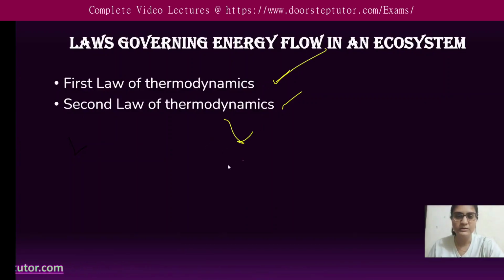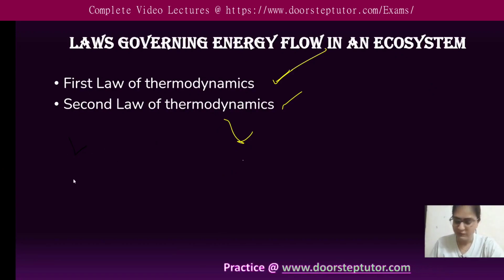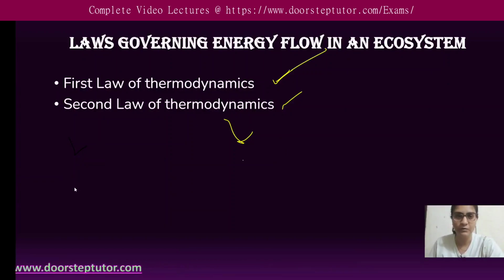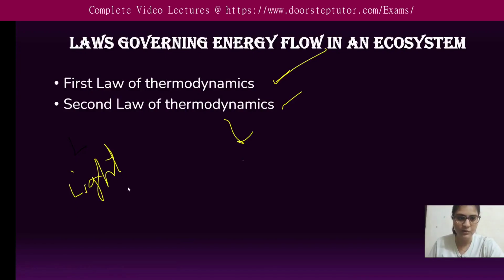And the second law states that the transformation that occurs from one form to another cannot occur spontaneously unless there is some degradation of energy. So what this means is, for example, the source of energy for all life forms is light. I'll tell you how.